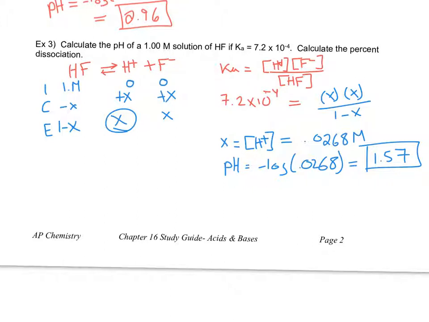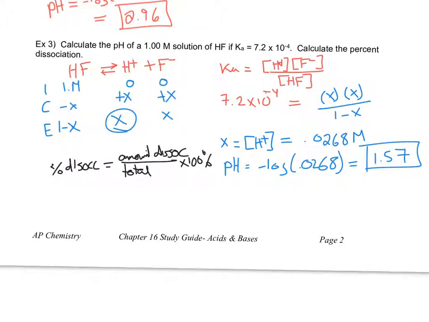I also wanted to calculate the percent dissociation or percent ionization, same thing. So that's how much of it dissociated divided by the total times 100%. Percent dissociation would be the amount that dissociated divided by total times 100%.